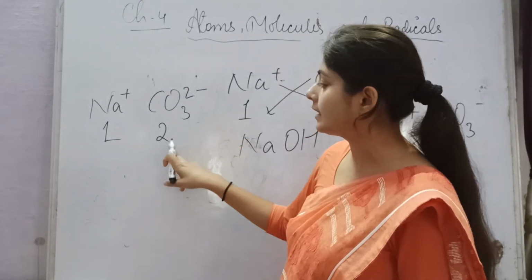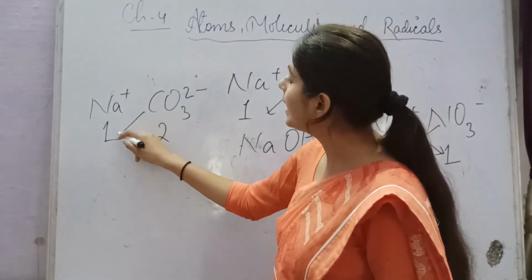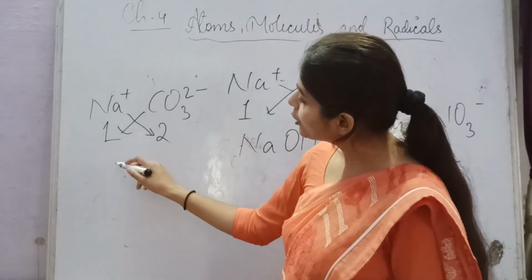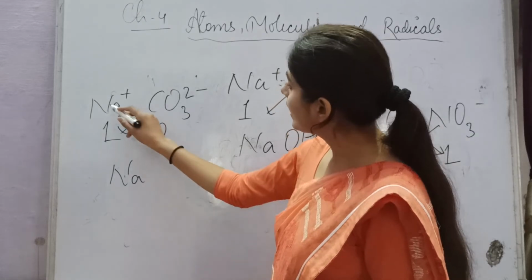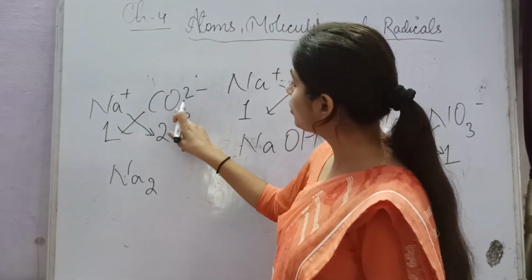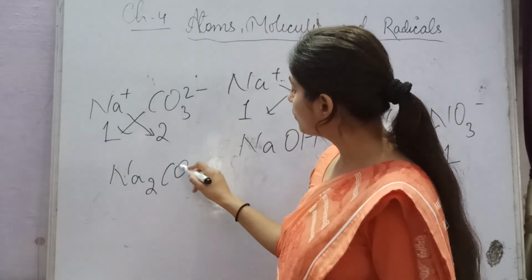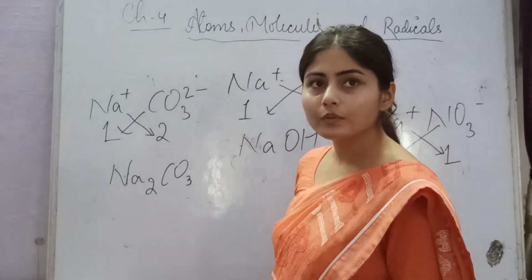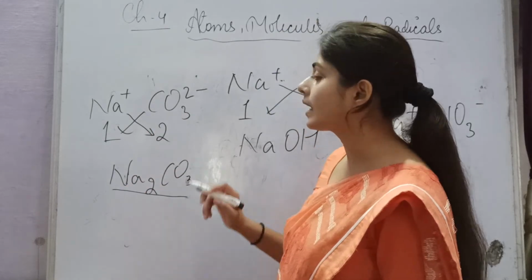That is 2, so write the number of charges, 2, here. And interexchange or transpose their valencies. What will you get? You will get Na2CO3. The 1 is negligible, so we are not writing 1. And you will get the compound sodium carbonate.